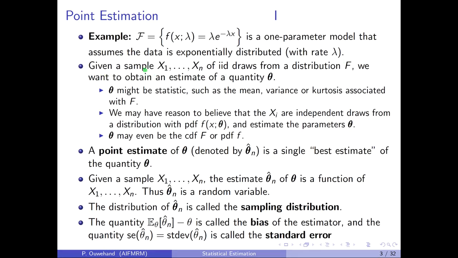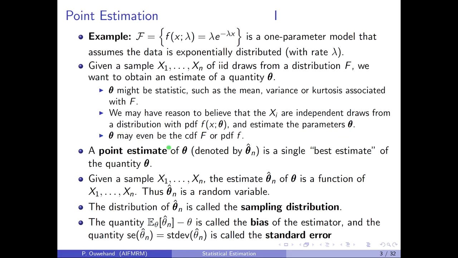Suppose now that we're given a sample x1, x2 up to xn of independent identically distributed draws from some distribution f, and we might want to obtain an estimate of a quantity theta. That theta might be a statistic, such as the mean, the variance or kurtosis associated with f, or we may have reason to believe that the xi are independent draws from a distribution with a density function f(x; theta), which is characterized by the parameters theta, and we'd like to estimate those parameters.